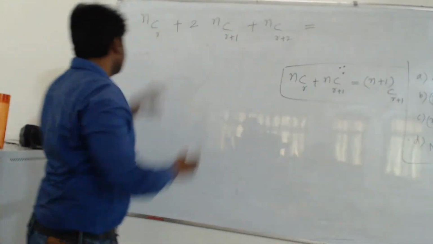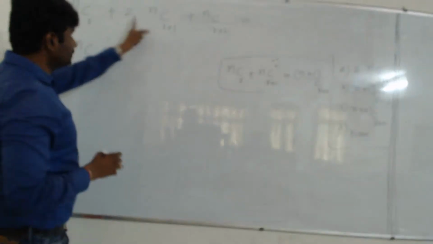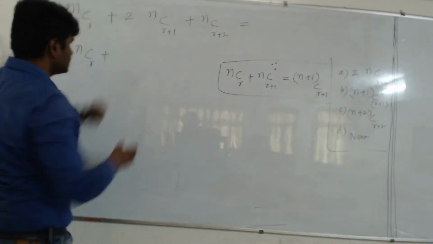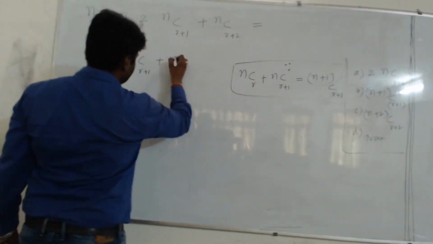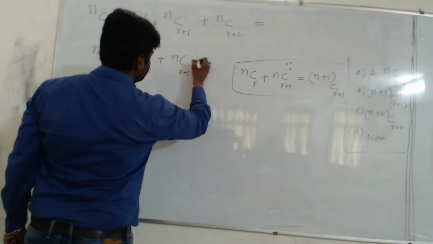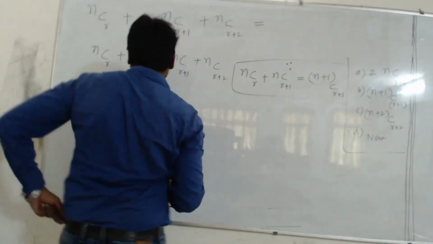Okay, so now here nCr + 2 times nC(r+1) + nC(r+2). So let us take nCr + nC(r+1) + nC(r+1) + nC(r+2).